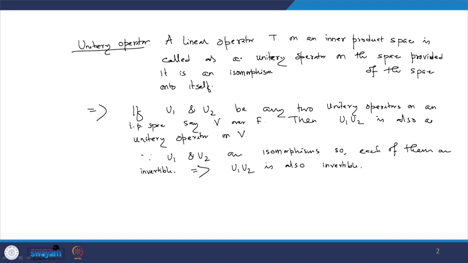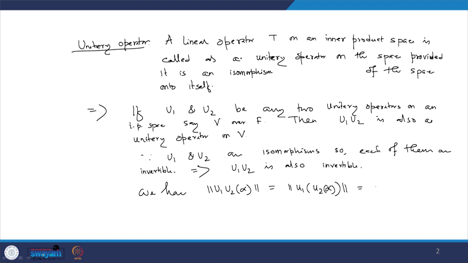Now, we also have to show that the product U1 U2 preserves inner products. We have norm of U1 U2 of alpha, which can be written as norm of U1 of U2 of alpha.